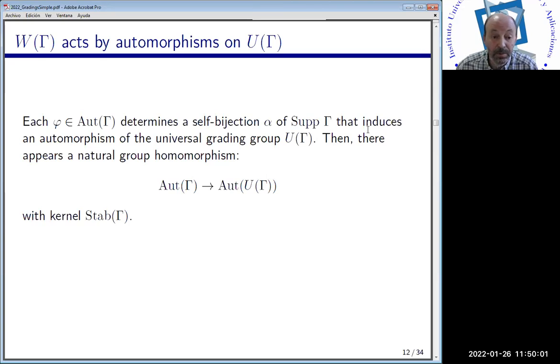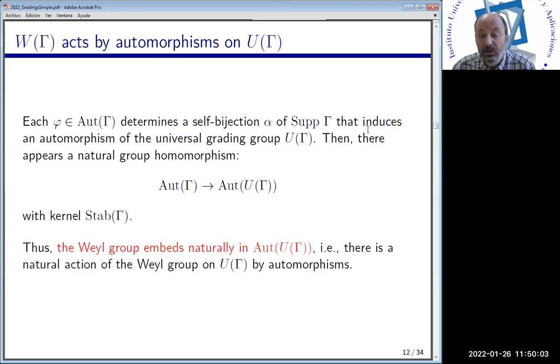So the Weyl group gets embedded into the automorphism group of the universal grading group. In general, the Weyl group doesn't embed into the automorphism group of the grading group because the grading group may not be the natural grading group. And so we have to rely on the universal grading group to be able to embed the Weyl group there.